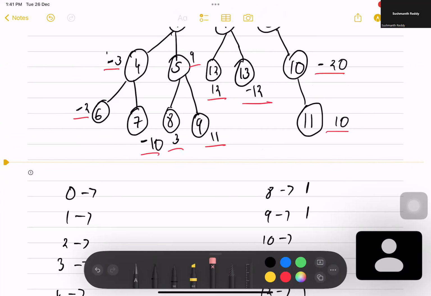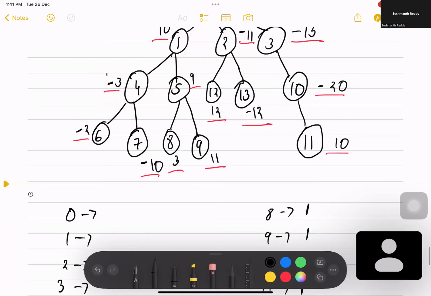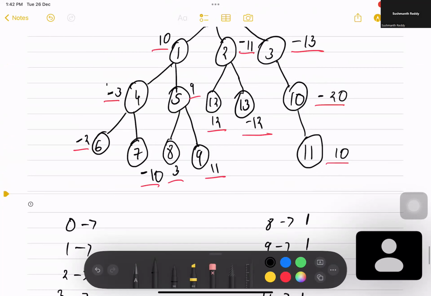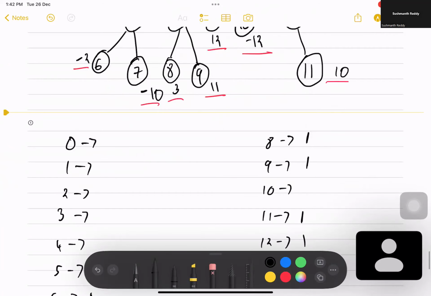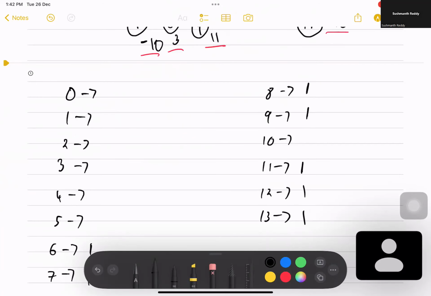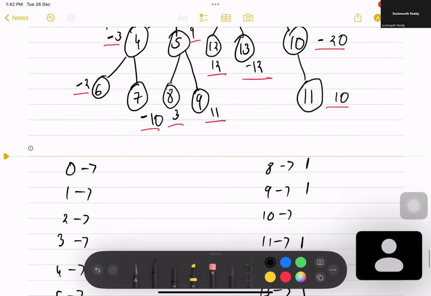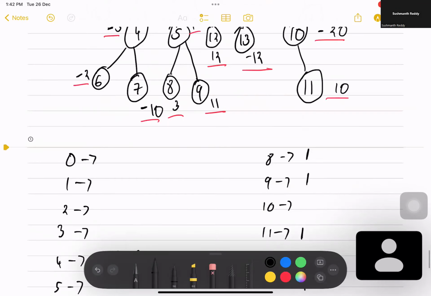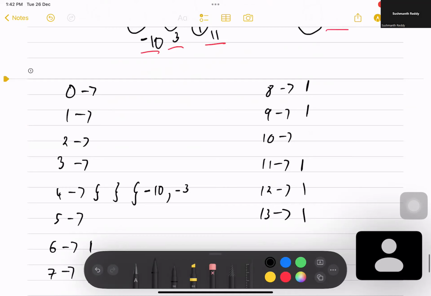So now let us see for 4 what will be the value. For 4, if we see, we have only 3 indices, right? So for index 4, the maximum 3 positives are nothing, and the smallest 2 negatives are -10 and -3, right?